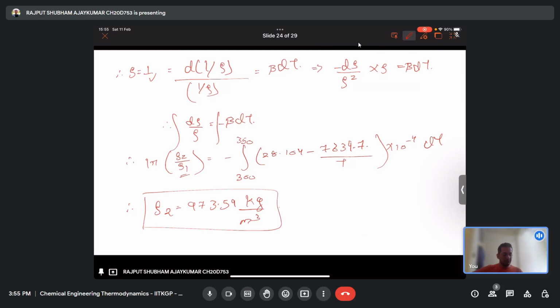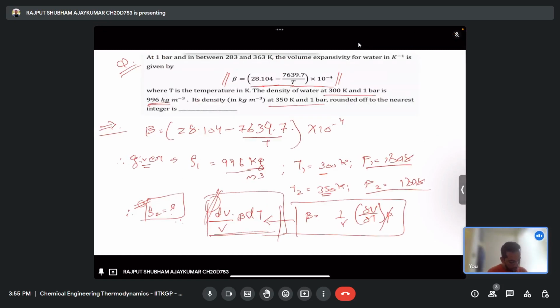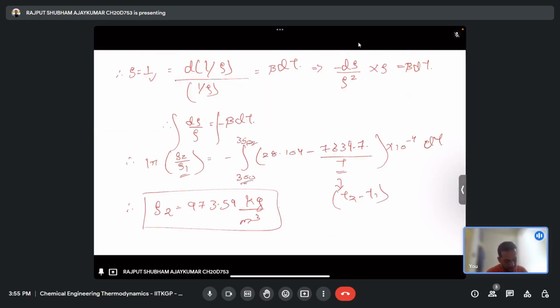So what you have to do is just differentiate, partial differentiate. Instead of T, it will be T2 minus T1. There are two different temperatures and both have been given to us: T1 is 300, T2 is 350. I've taken the limits up here. Rho1 is given to us as 996 kg per meter cube. So solve the RHS side first of all and come to a particular value.